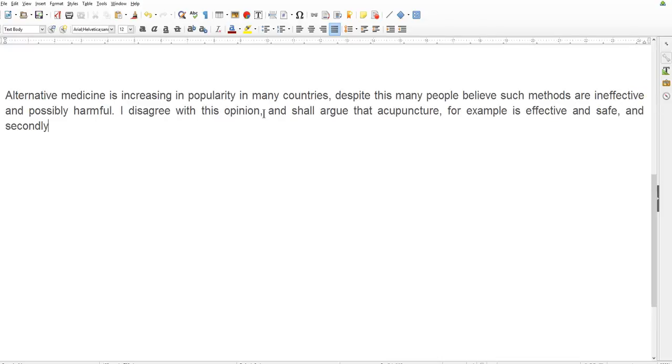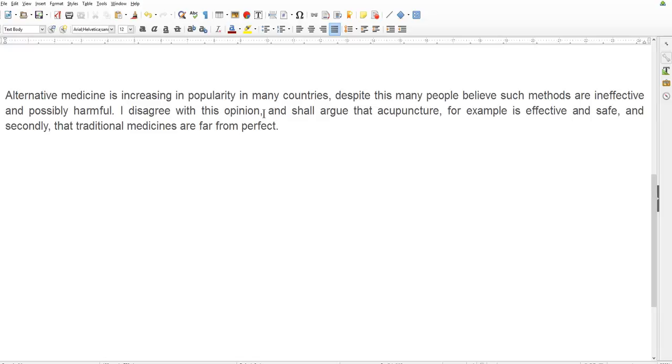And secondly, that traditional medicines are far from perfect. Okay, so that's all that you basically need.